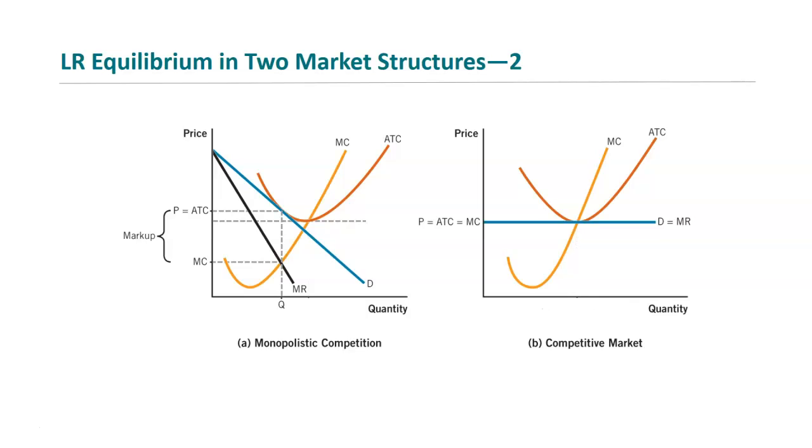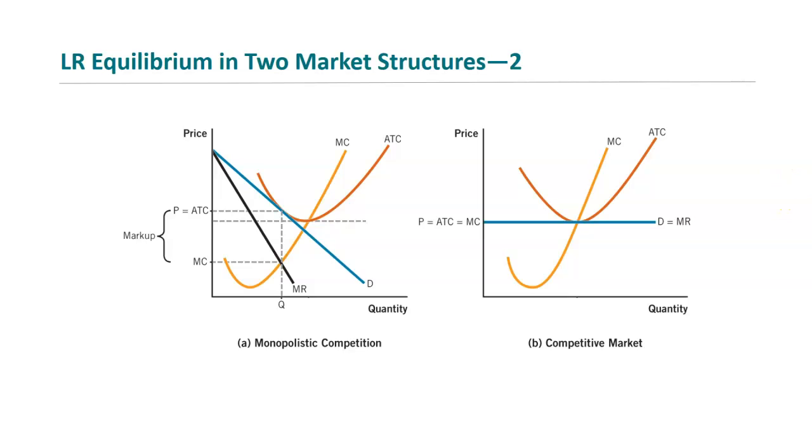So remember back when we discussed the long run of competitive markets, we talked about different types of scale. We talked about economies of scale as you're making long run choices to increase or decrease the overall size of your production process, your scale of your firm.